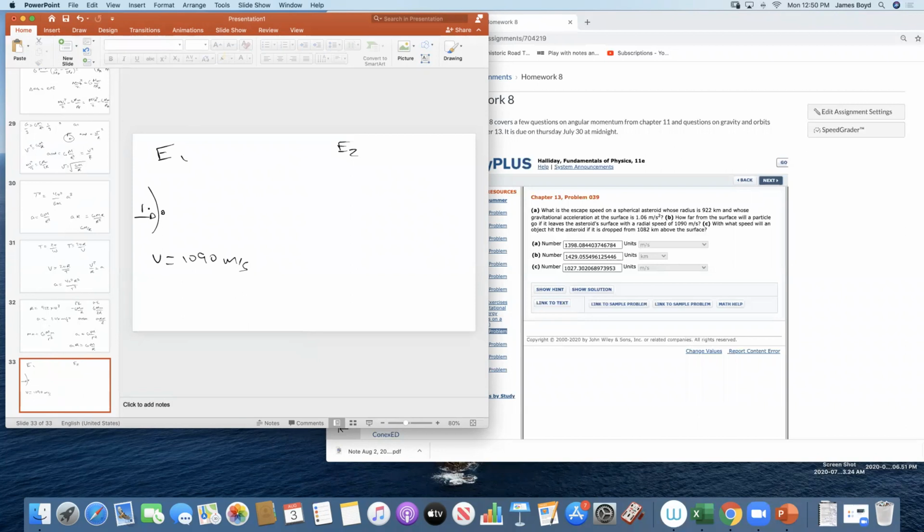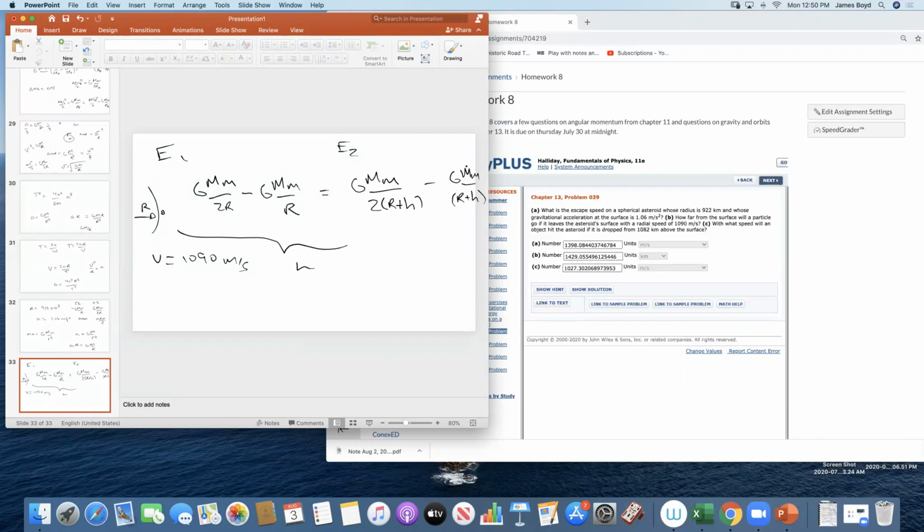Remember that this is R, the original R. So we have GM m over 2R minus GM m over R is equal to GM m over 2(R plus H) minus GM m over (R plus H), and H will be however far away it gets.